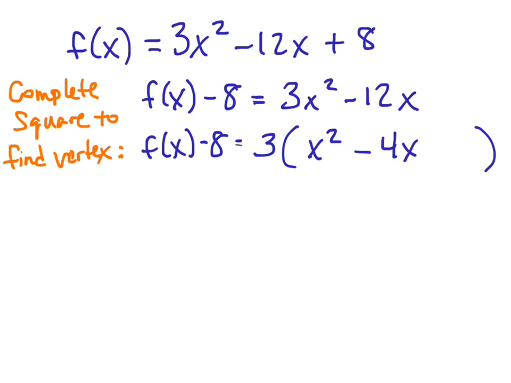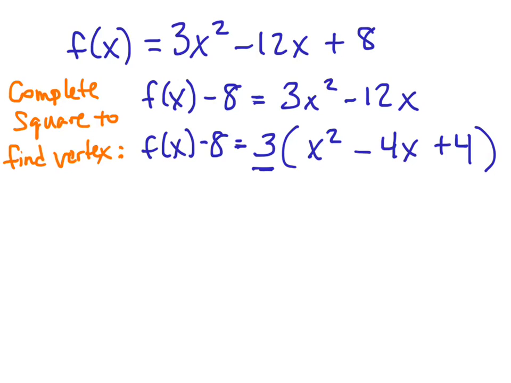And then I need to figure out what I need to add to complete the square. It's your b divided by 2 squared. So that's negative 2 squared, which is positive 4. Really that's a 4 times the 3 that's outside the parentheses, so I've really added 12 to that side of the equation.